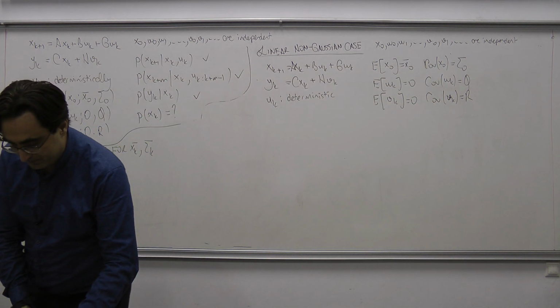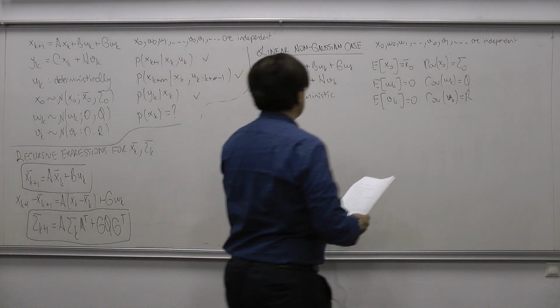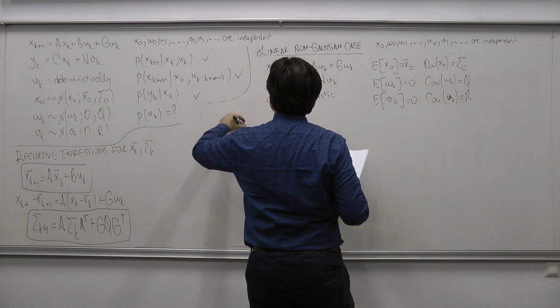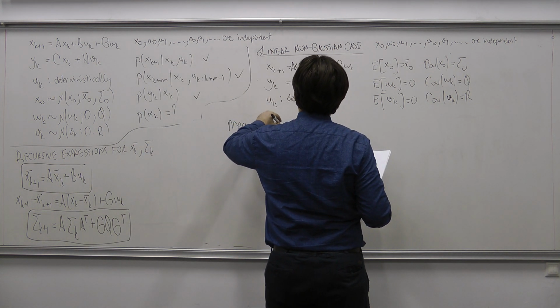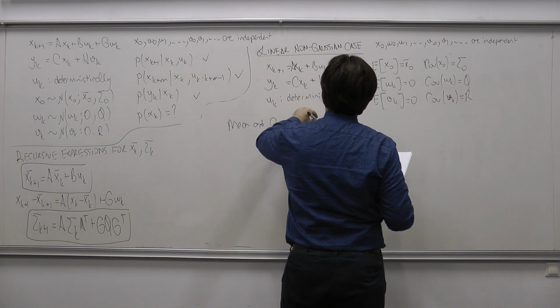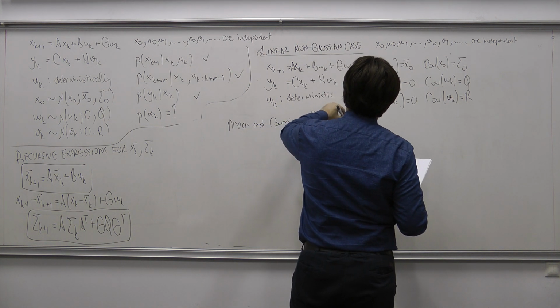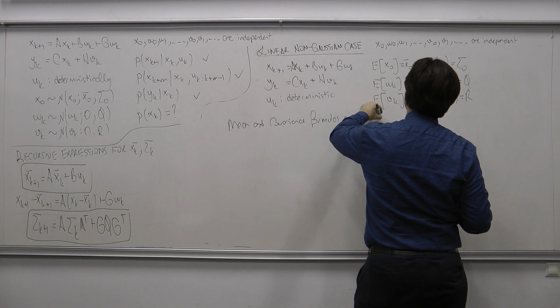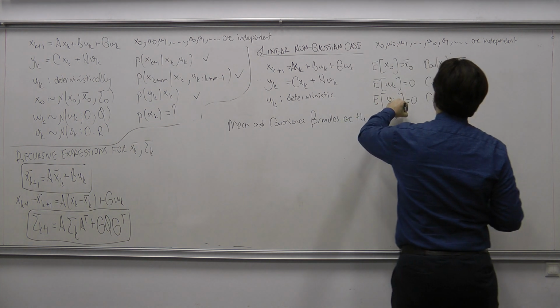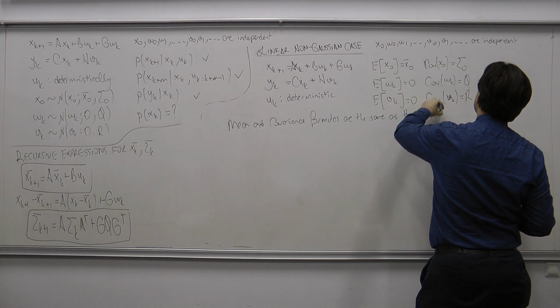So the mean and covariance formulas are the same as the linear Gaussian case.